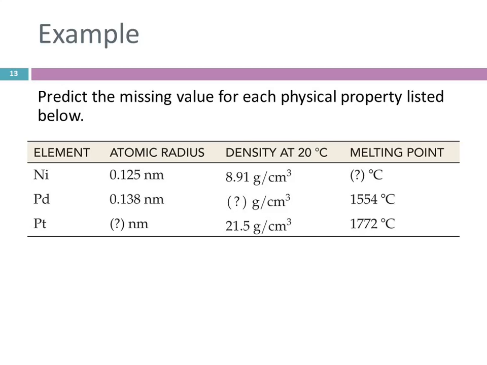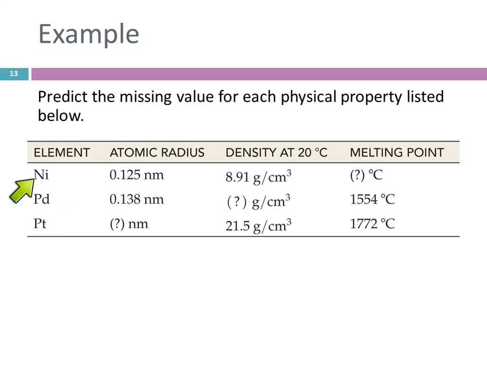So predict the missing value for each physical property listed below. Here we've got platinum, and we're given nickel and palladium and their atomic radii. The question is actually wanting us to put a number to this.